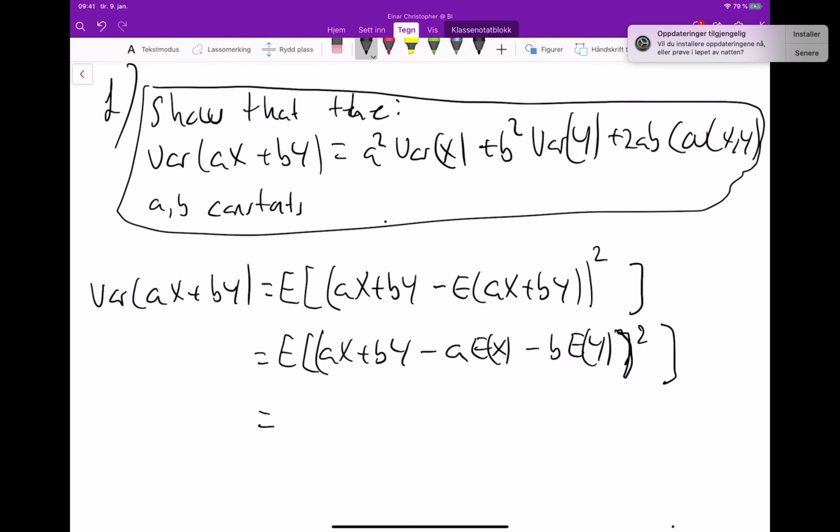And then we have to be a little smart here. We can write this, just rearranging, as ax minus a expectation of x plus by minus b expectation of y.